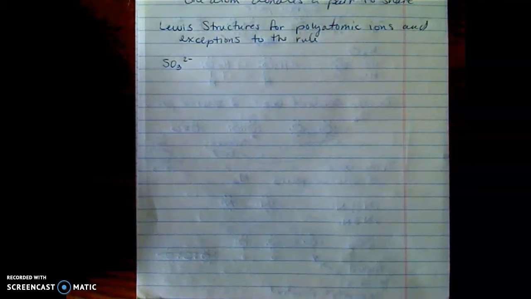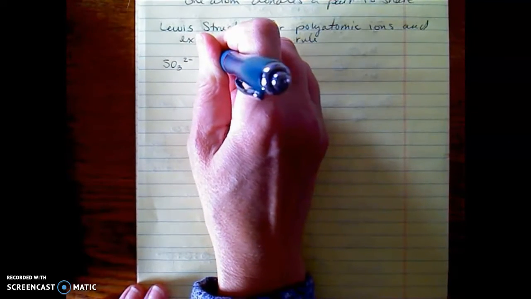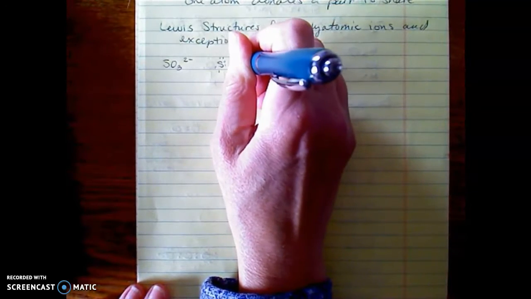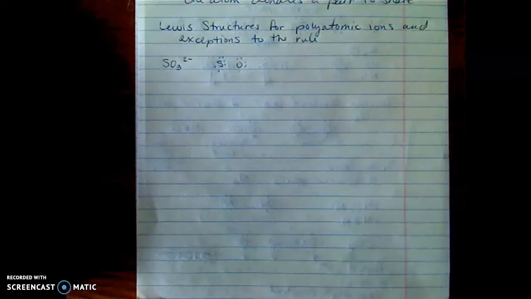Sometimes when you have an ion, it's easier to figure out how to arrange these by adding up the number of dots, or valence electrons, keeping in mind what kind of structure it should have to begin with. If we quickly look at sulfur versus oxygen, we said our central atom would have the most bonding sites.